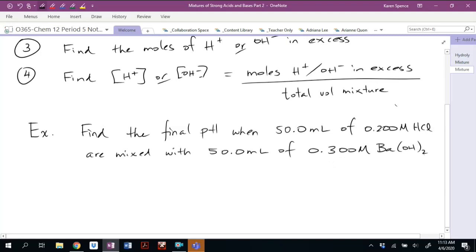I don't think barium hydroxide is actually that soluble, but we're going to pretend it is for our purposes today. So we are mixing HCl and barium hydroxide.